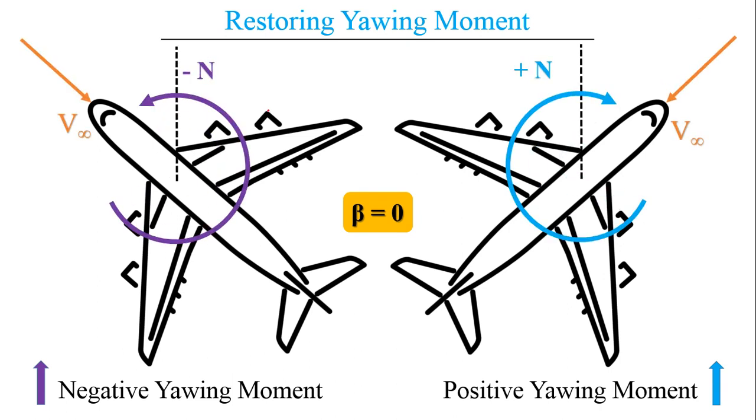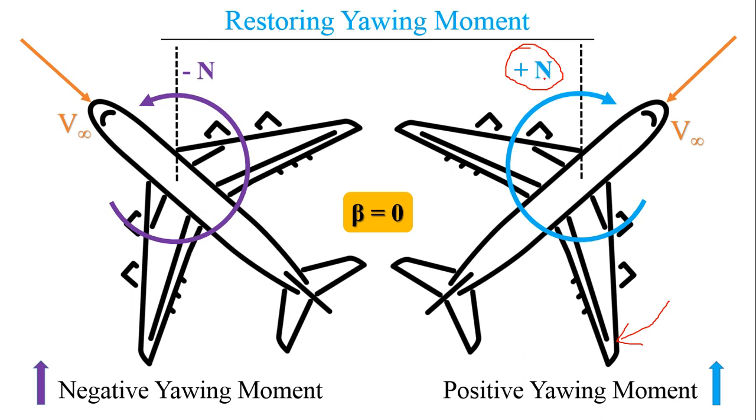So this is the relative wind, and here we can see these moments are also in some particular positive and negative notations. So basically, from flight mechanics notation, the way we follow is that a clockwise tilt, or the right wing going back, which is easy to remember, is a positive yawing moment.